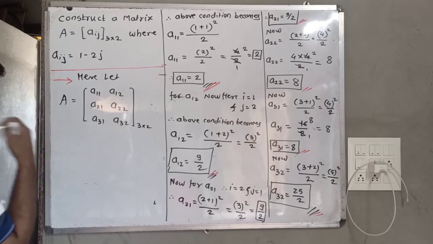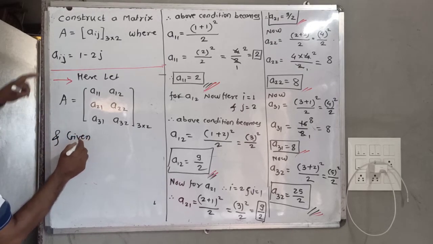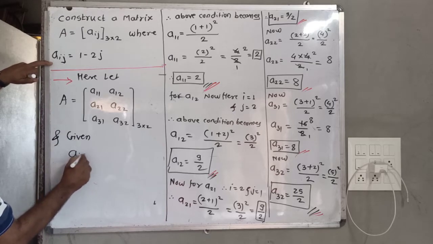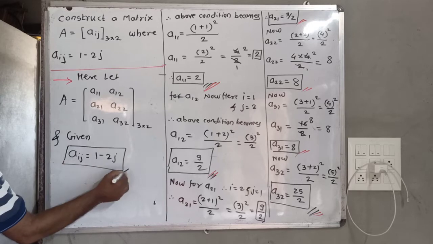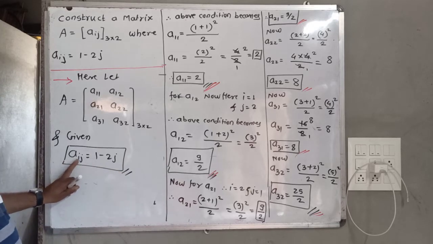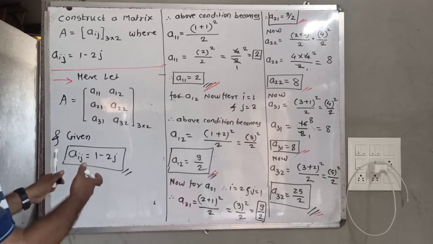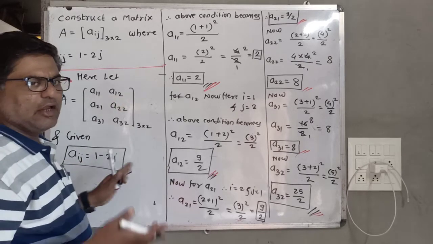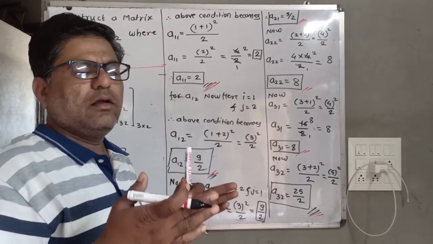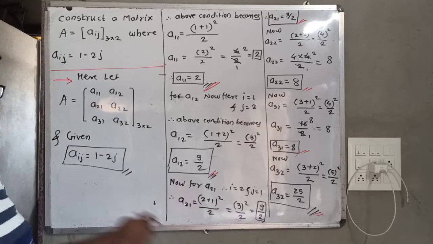And given what we have here, the condition is Aij equal to I minus 2j. Now just remember the values of I and j, put that value into this condition and solve this, and you will get all 6 elements.